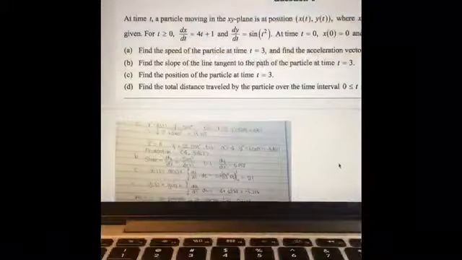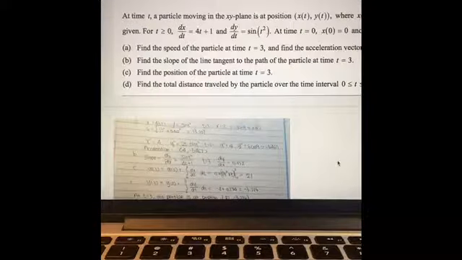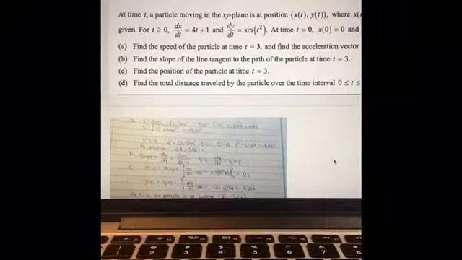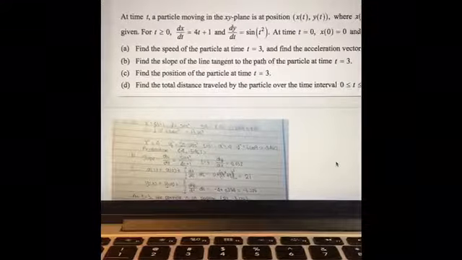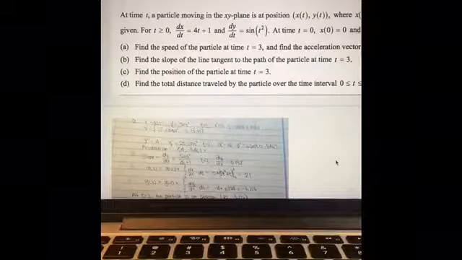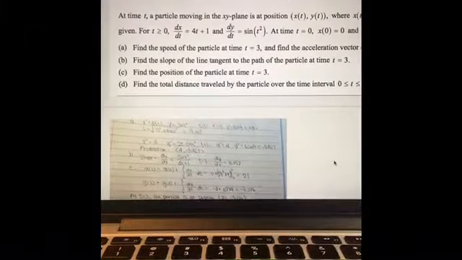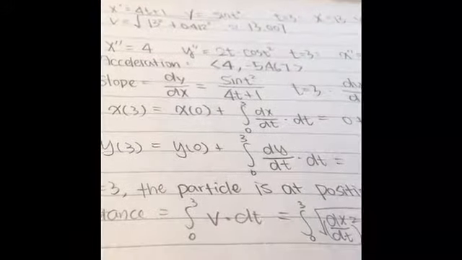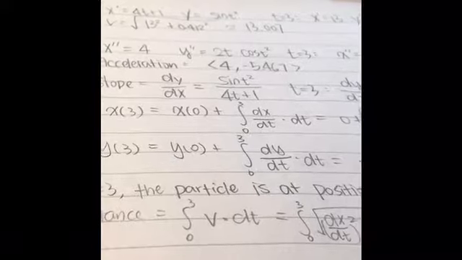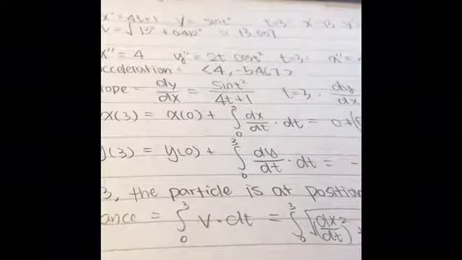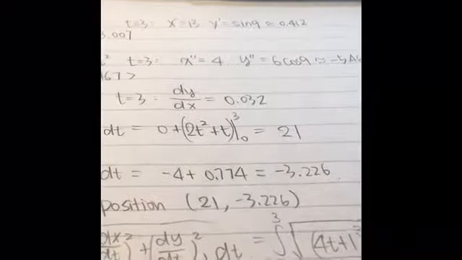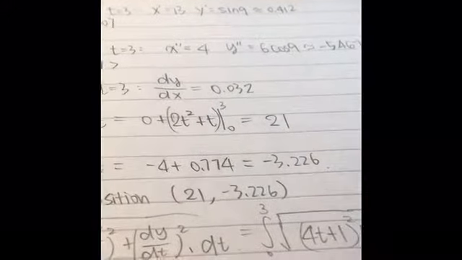In C, it asks the position of a particle at t equals 3. So to find the position, we need to know the x coordinate and y coordinate of that point. So x3, we should use the formula x3 equals x0 plus the integral from 0 to 3 of dx/dt times dt, and we plug the numbers in, we'll get 21.